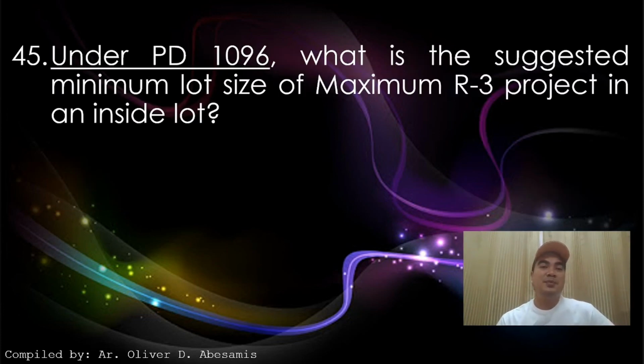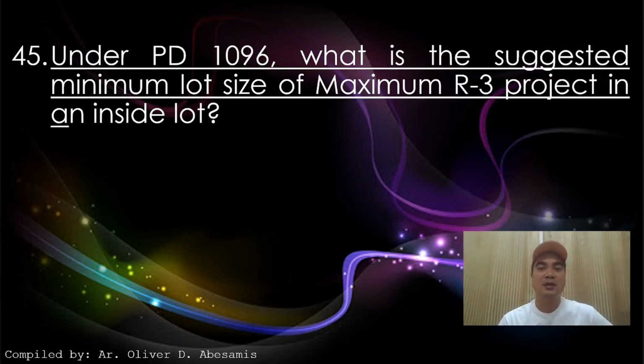45. Under PD1096, what is the suggested minimum lot size for maximum R3 project in an inside lot? Again, as per PD1096, what is the suggested minimum lot size of maximum R3 project in an inside lot?